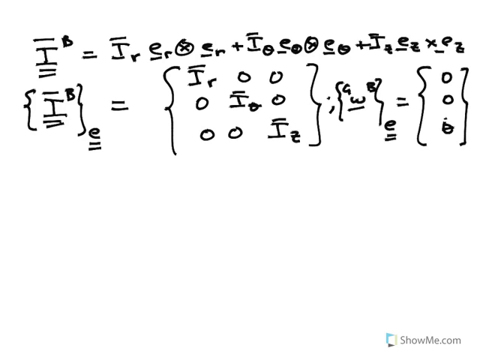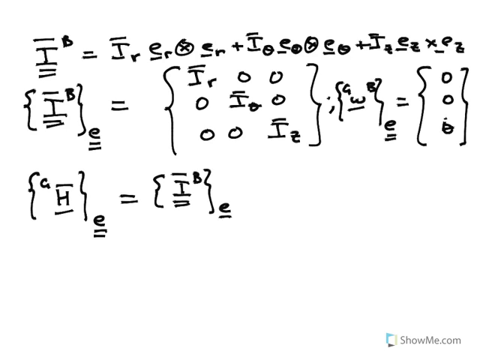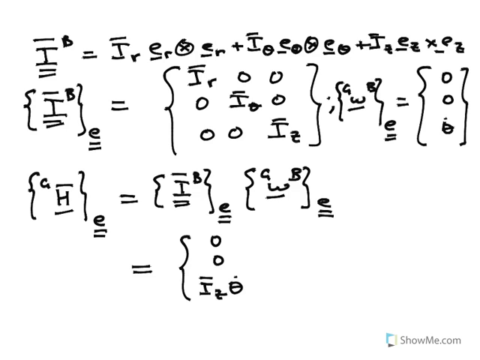So as a result, when we multiply the two, the angular momentum relative to the center of mass expressed in this basis E is equal to the inertia tensor of the body expressed in the basis E multiplied by the angular velocity of the body in the ground expressed in this basis E, which, when we do these calculations, gives 0, 0, IZ bar theta dot. But IZ bar for an arm is equal to ml squared over 12.